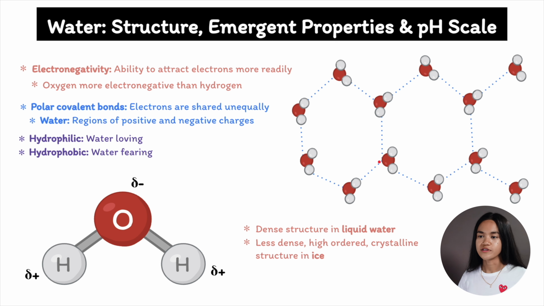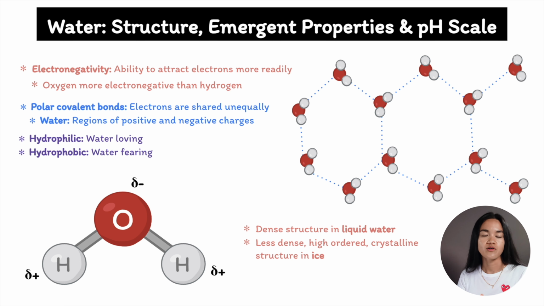So when water freezes, a lot of these water molecules become hydrogen bonded to four other water molecules, which forms an open crystalline structure, or ice. And then when we increase the temperature, the ice melts and the hydrogen bonds that were formed break. And water molecules can be packed closely together and become dense again. Okay? So it's these hydrogen bonds that give water incredible properties.